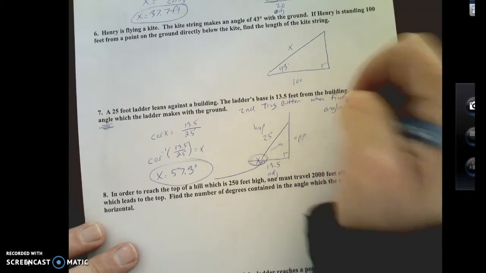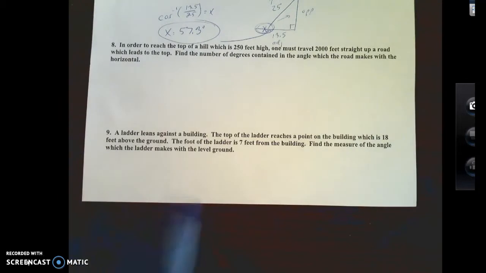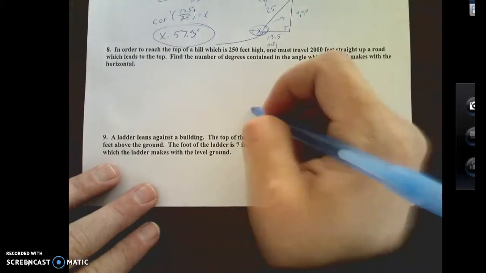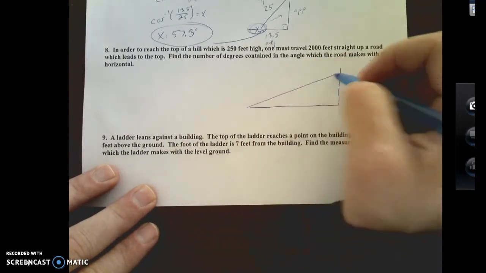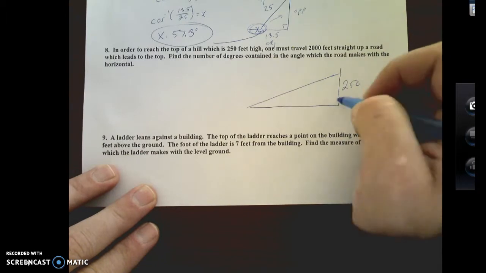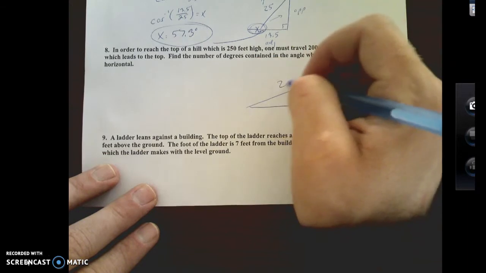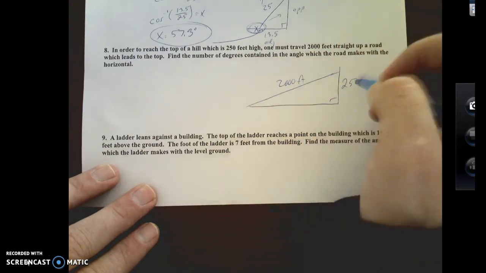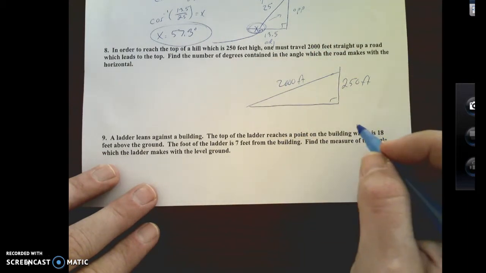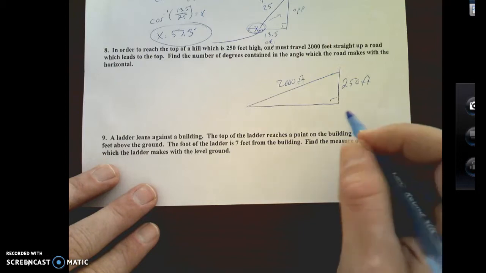Okay, so number 8: in order to reach the top of a hill, which is 250 feet high, one must travel 2,000 feet straight up a road, so there's 2,000 feet. Find the number of degrees contained in the angle which the road makes with the horizontal.